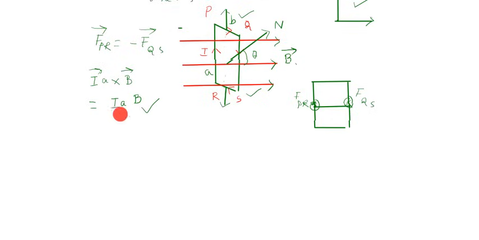Now as the loop rotates, the distance between the lines of action will vary.